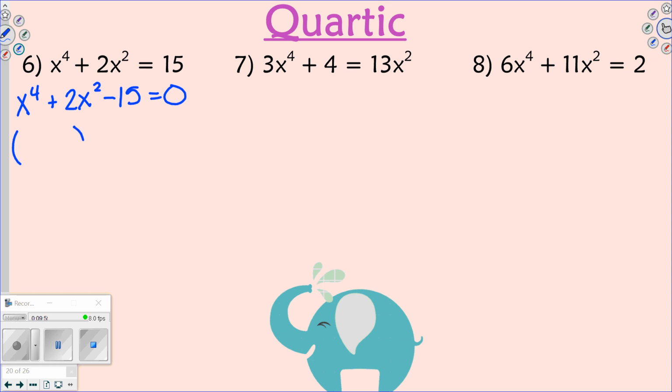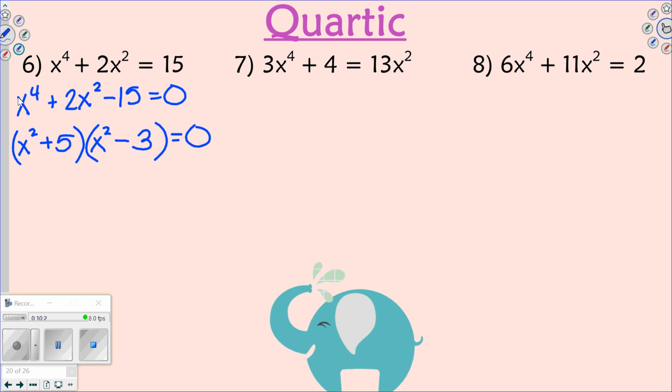So, okay, if I set up my parentheses, what are my signs? Instead of x and x, you're going to have x squared and x squared. Options for C, 5 and 3, positive 5, minus 3. Either of those difference of squares that factor further?